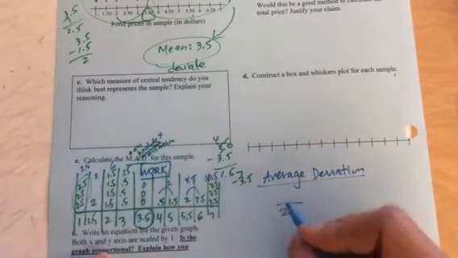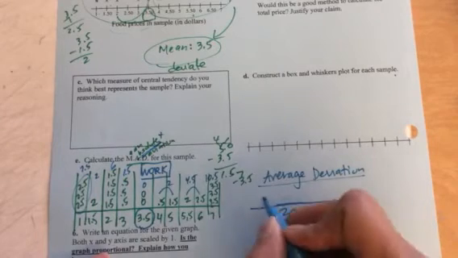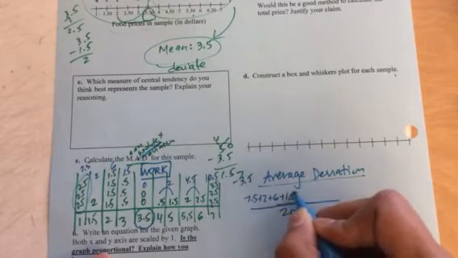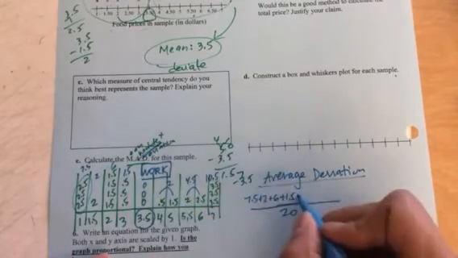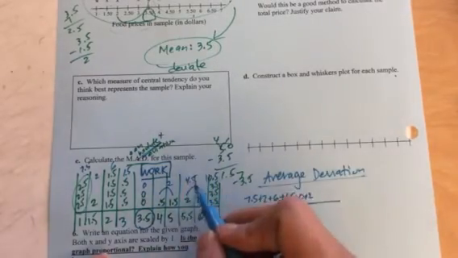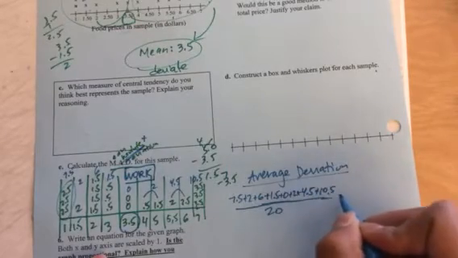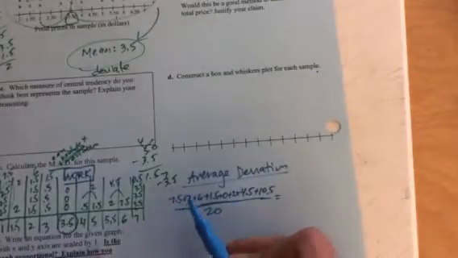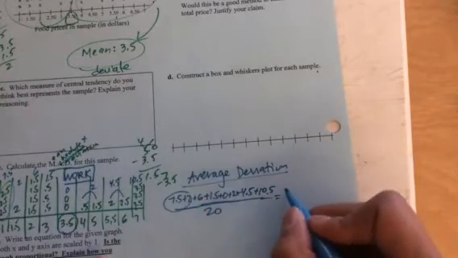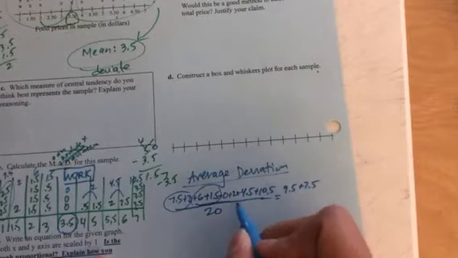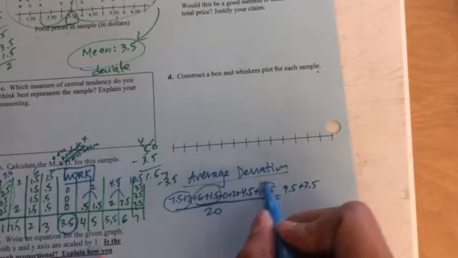So add all these numbers up. So I have 7.5 plus 2 plus 6 plus 1.5 plus 0 plus 2 plus 4.5 and 10.5. Okay, so here I have these two numbers. That's 9.5, 7.5. Let's add all of these up.